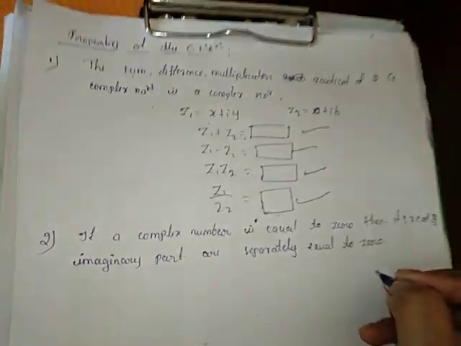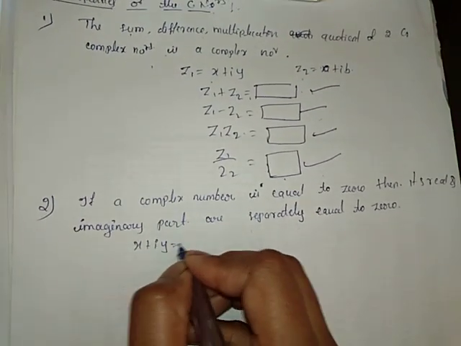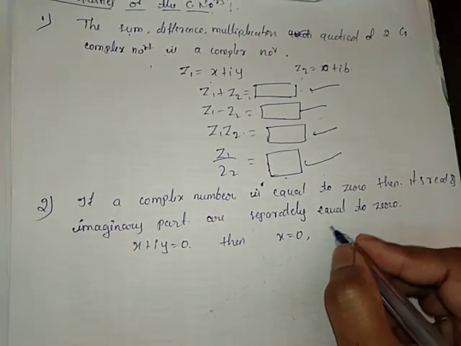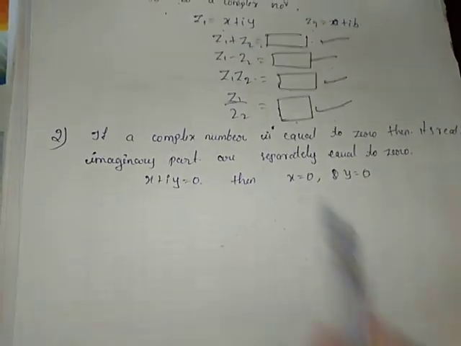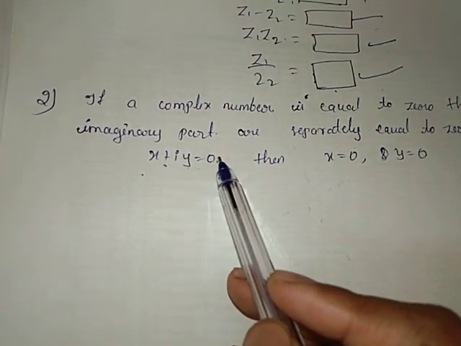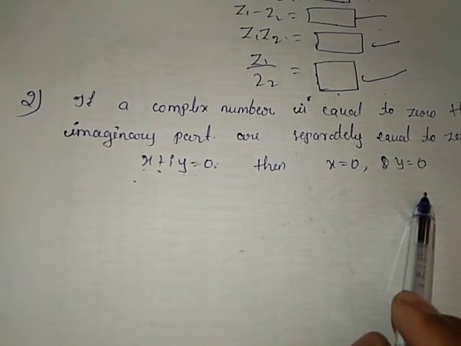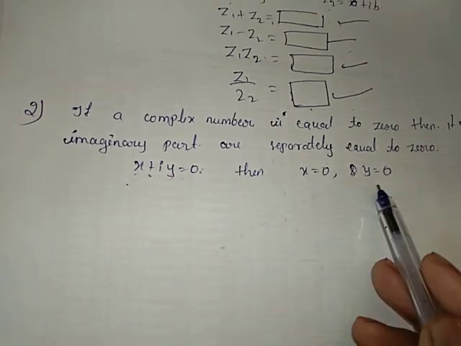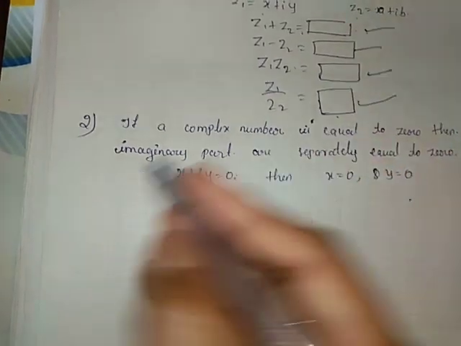That means if x plus iy equal to 0, then x is equal to 0 and y is also equal to 0. If x plus iy is 0, that indicates both x and y are 0 in the complex number. That is the meaning of the second property.